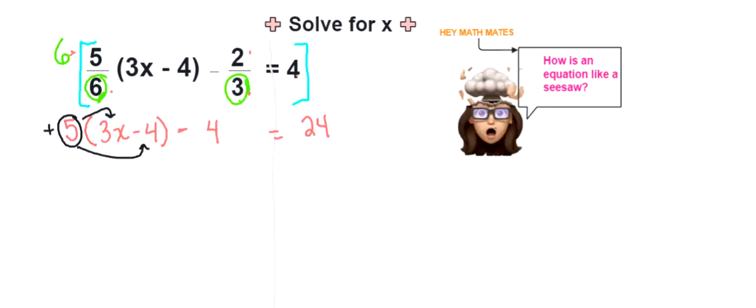So a positive times a positive is a positive. 5 times 3x is 15x. A positive times a negative is a negative. 5 times 4 is 20. Now I've distributed the 5 all the way through the parentheses. Now we can bring down this negative 4, and we can bring down our 24.